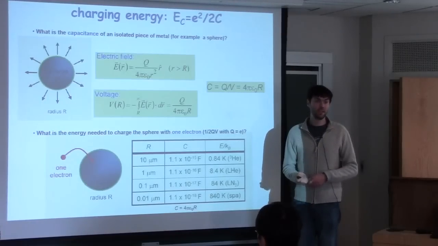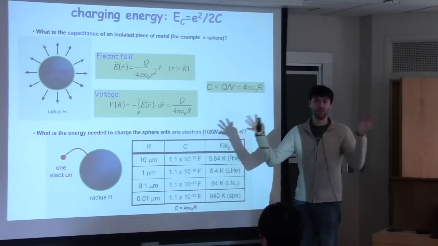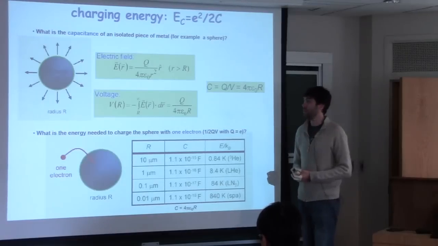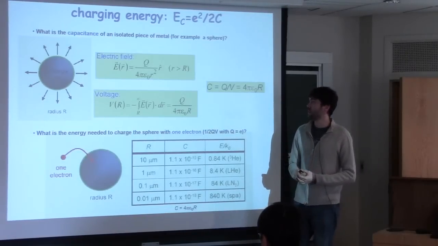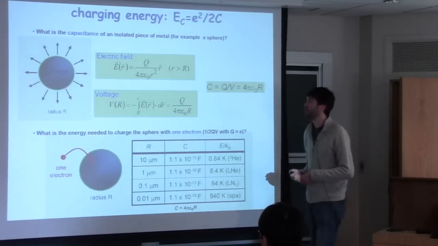In a real device, there would be source and drain contacts and some gate electrodes nearby, and you would have to know the capacitance to all those elements. But likely you can also measure this capacitance. We will talk about this later when we discuss Coulomb blockade.